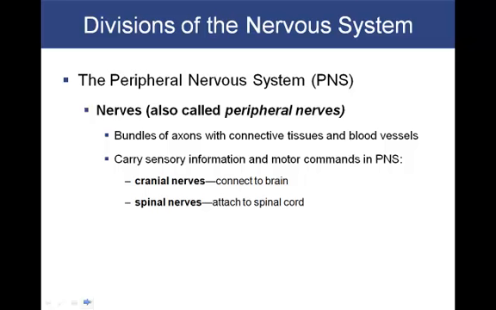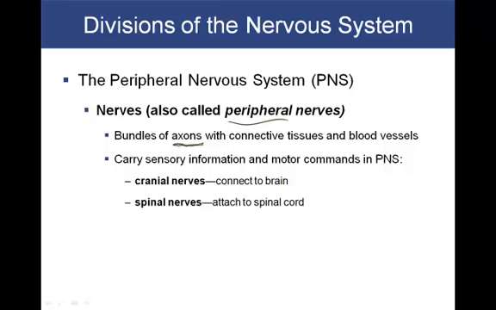The peripheral nervous system is composed largely of nerves. These are referred to as peripheral nerves. And these are bundles of axons. If you remember axon from lab, this is that very long process off the neuron. So the nerve is bundles of axons with connective tissue and blood vessels, kind of all bound together.